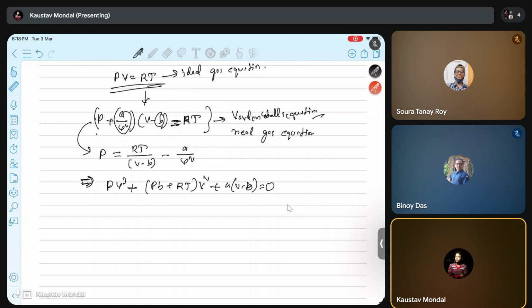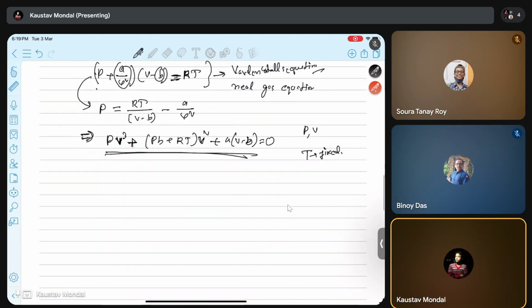Now if you take P and V as the variables and T as fixed, you can plot this equation. For a fixed P, there are basically three roots of V, since it's a cubic equation in V. If you equate it to zero, there are three roots.